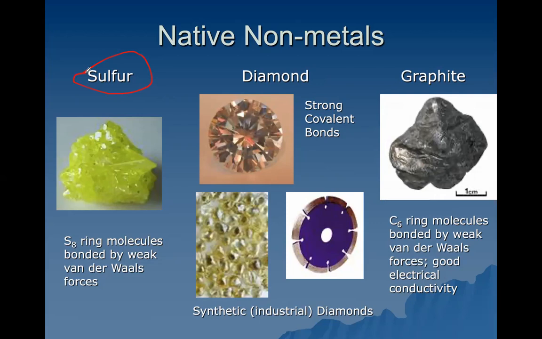A weak van der Waals forces bonded structure is available for sulfur, right? It's a ring type of molecule, circular type of molecules. Like, if you have done silicates, you may remember the cyclosilicates, right?